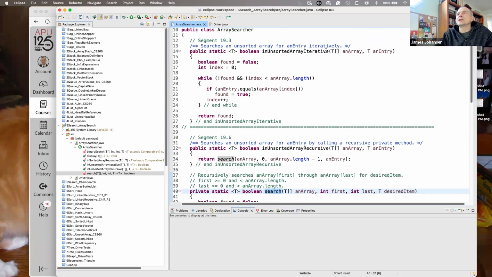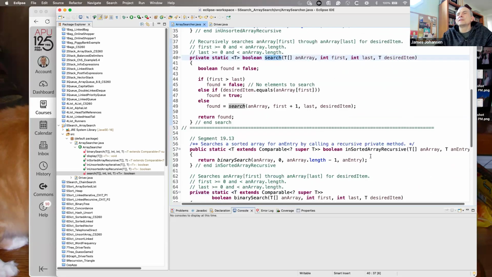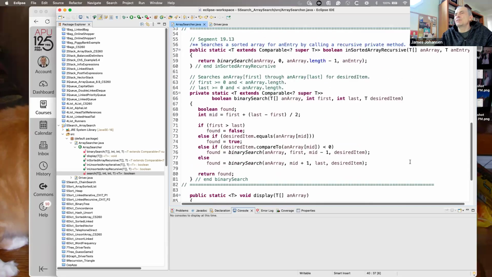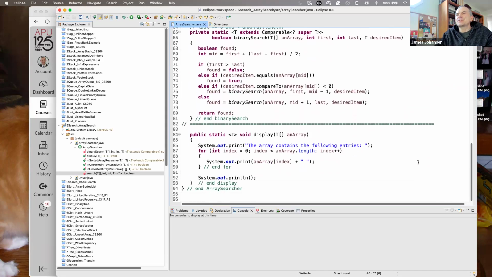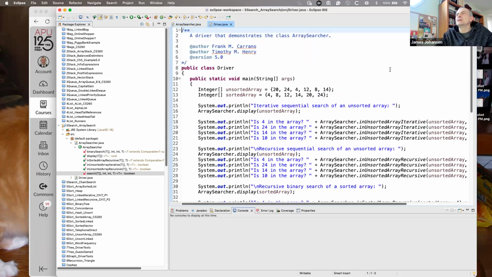So we have unsorted array recursive, unsorted iterative, and here's a sorted array recursive. There are various methods available for us that we can look at.